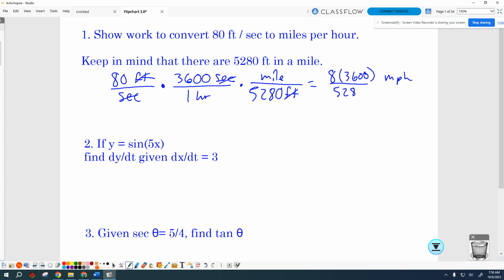Did anyone actually get out a calculator and do the number? 54.5.